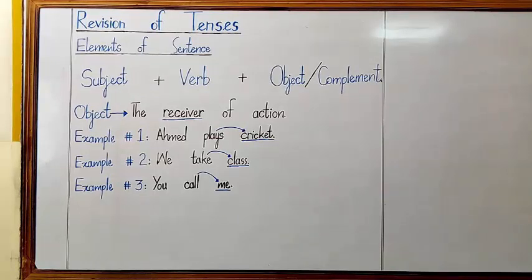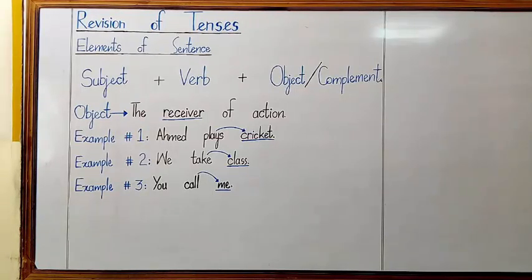I have exemplified you 3 examples on the board. Example number 1. Ahmed plays cricket. The action of play is affecting cricket. It means cricket is the receiver of action. Hence, cricket is object in this sentence. Example number 2. We take class.